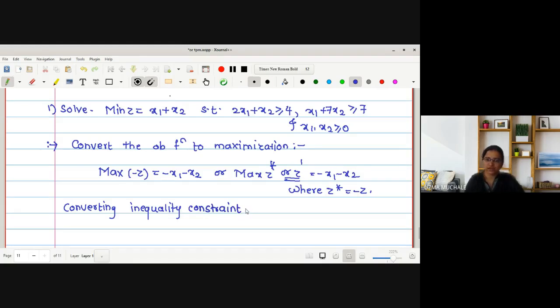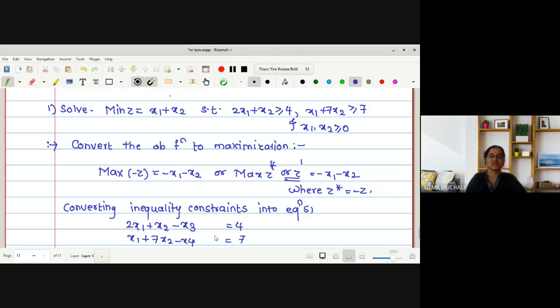For converting these inequality constraints into equations, we will take care of constructing the initial basic feasible solution, that is, basic variables should be there. Therefore, here I'll write 2x1 plus x2 minus x3 is equal to 4, and here x1 plus 7x2 minus x4 is equal to 7. These are the two surplus variables we have written.